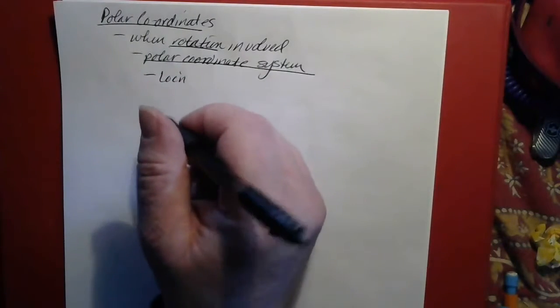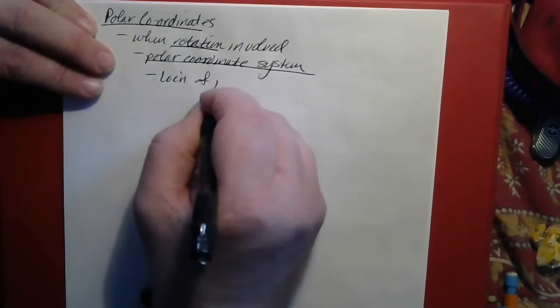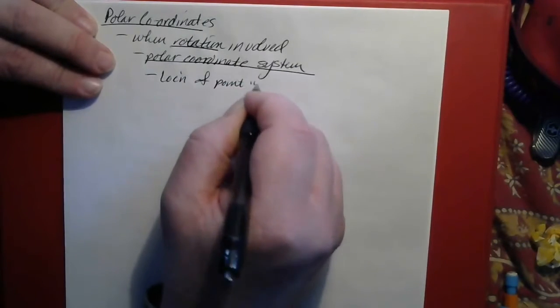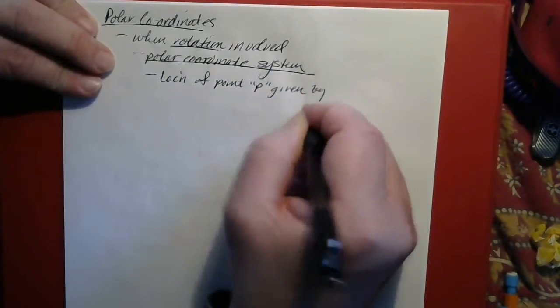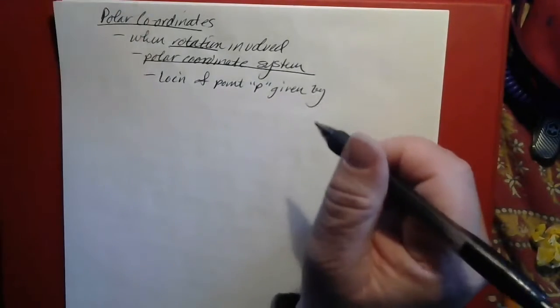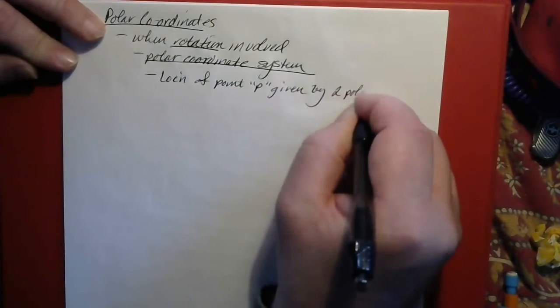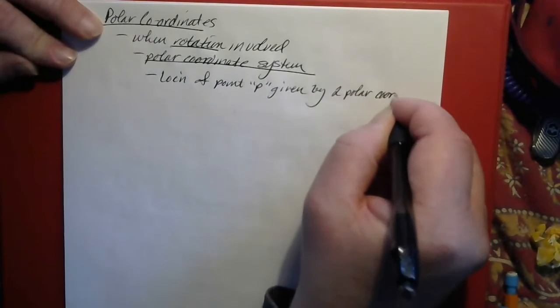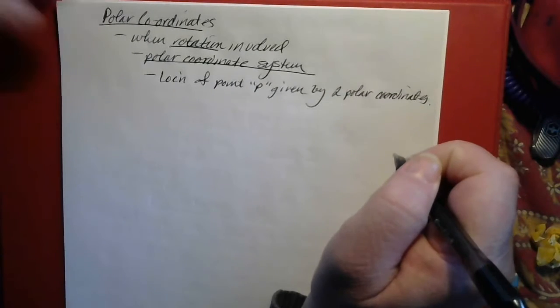And in that, we give the location of a point that you could call P. And the location of that point is still given by two coordinates, only we call those polar coordinates.